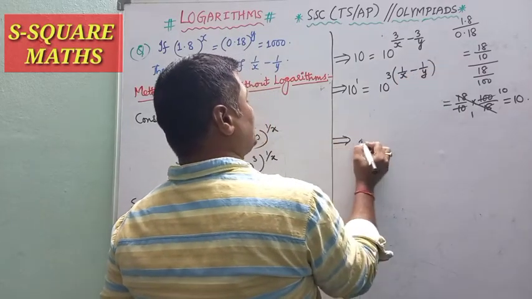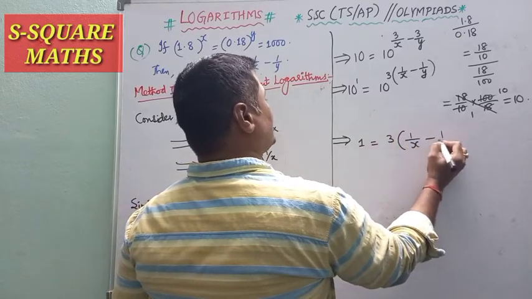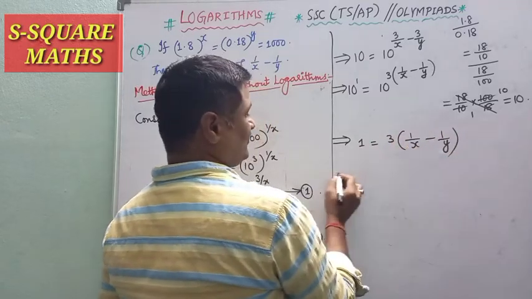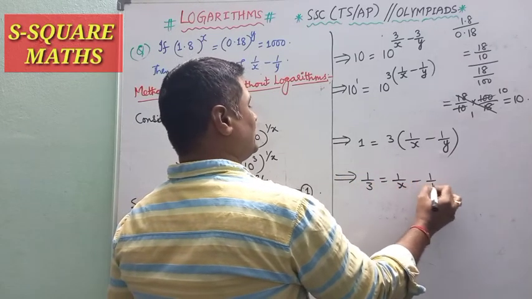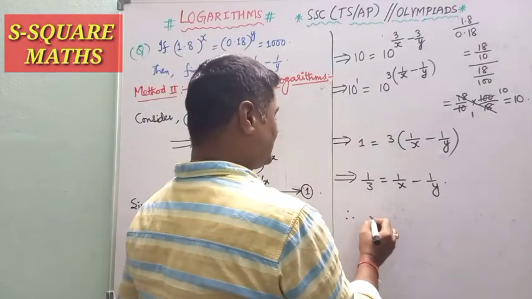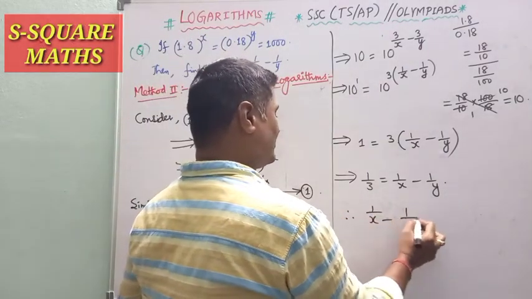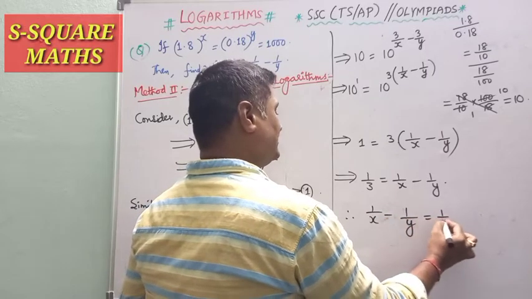So this implies 1 is equal to 3 into 1 by x minus 1 by y. So shifting to this side I can write 1 by 3 is equal to 1 by x minus 1 by y, since the operation is multiplication. So finally, hence 1 by x minus 1 by y is nothing but 1 by 3.